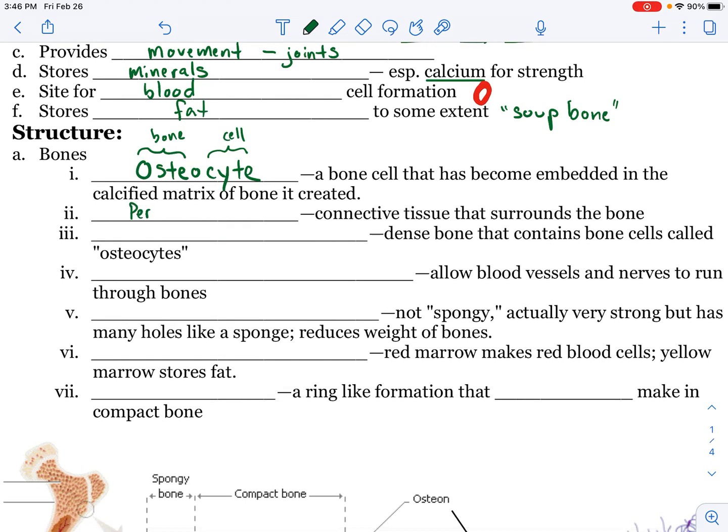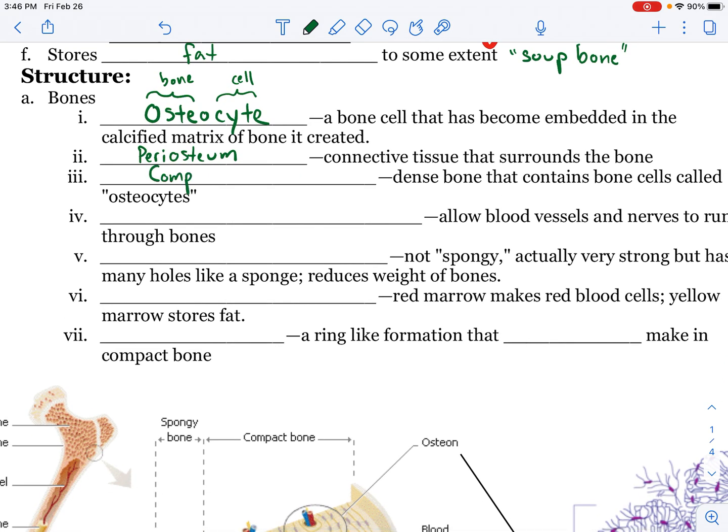Periosteum is a connective tissue that surrounds the bone, almost like a membrane or a sheath, and it's a thin membrane that actually surrounds the bone to provide it just some protection.